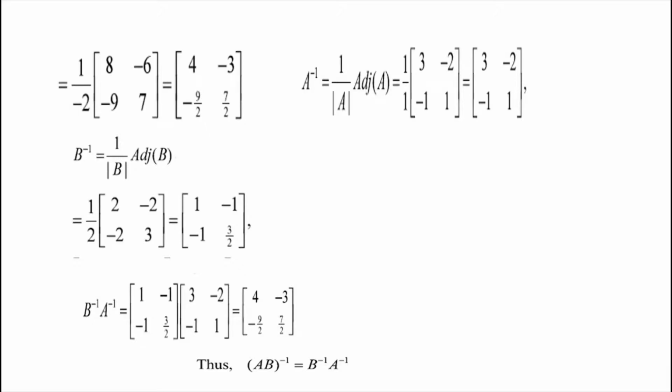We obtain B inverse. Now we take the product of B inverse and A inverse. We observe that the product is the same as what we obtained before for the inverse of the product AB. Hence, we can conclude that the inverse of AB is equal to B inverse A inverse.